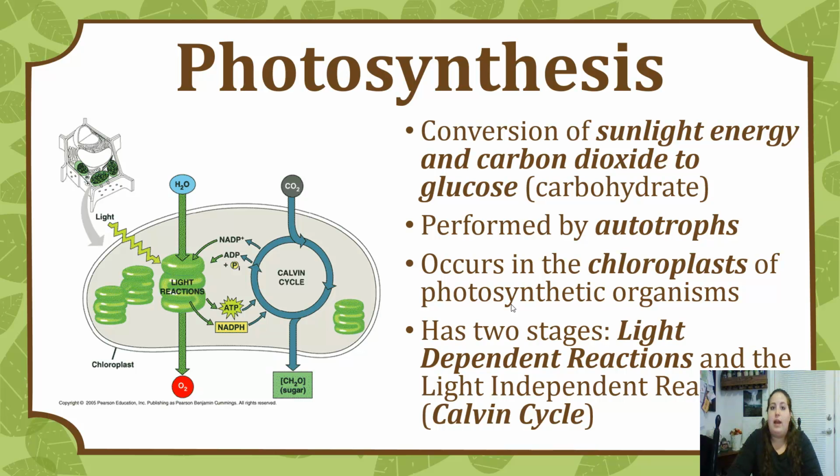Heterotrophs are the ones that have to go out and find and consume their food. We are heterotrophs. Plants are an example of autotrophs. Photosynthesis only occurs in the chloroplast of plant cells or other autotrophic organism cells. And it has two stages, the light-dependent reaction and the light-independent reaction. We also call that one the Calvin cycle.